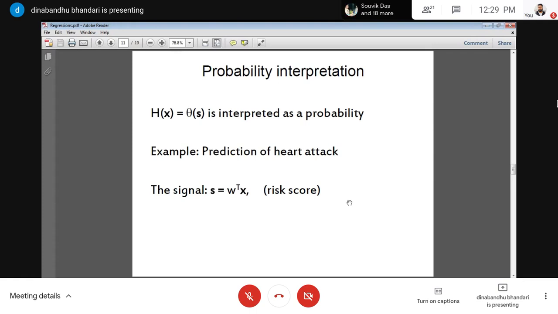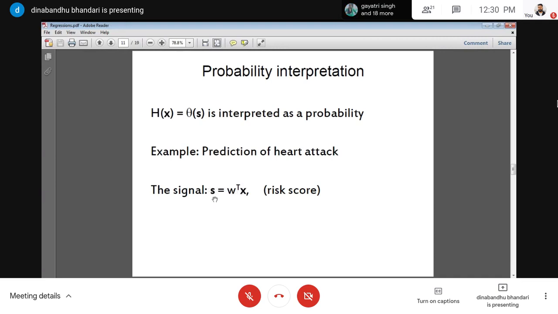You check your blood pressure, sugar, and then there are several other parameters: lipid profile, triglyceride, LDL, VLDL, and all those things. Now you take all those things and give weightage to them, and you calculate a risk score. That is S, so S is the W transpose X.